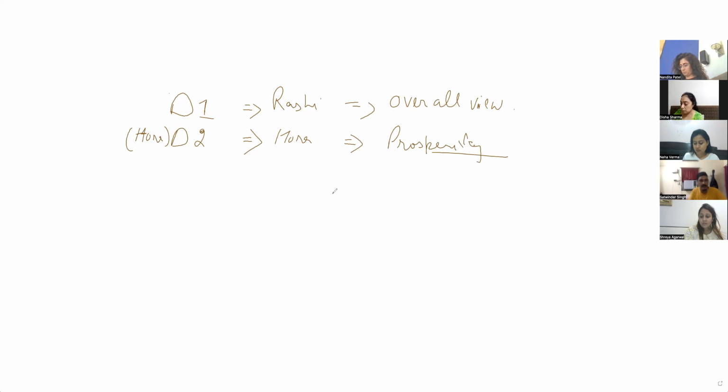It is overall prosperity. And the Hora chart is always the combination of Sun and Moon. Remember this, okay? It is made through the combination of Sun and Moon. What do you understand from this? You understand that the significators of wealth are Sun and Moon.